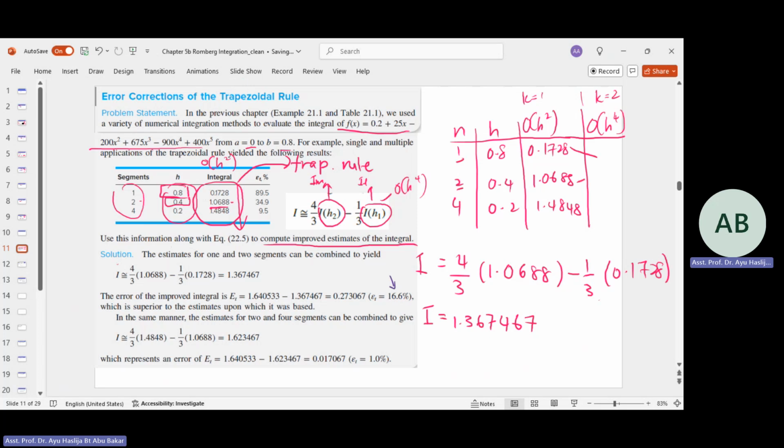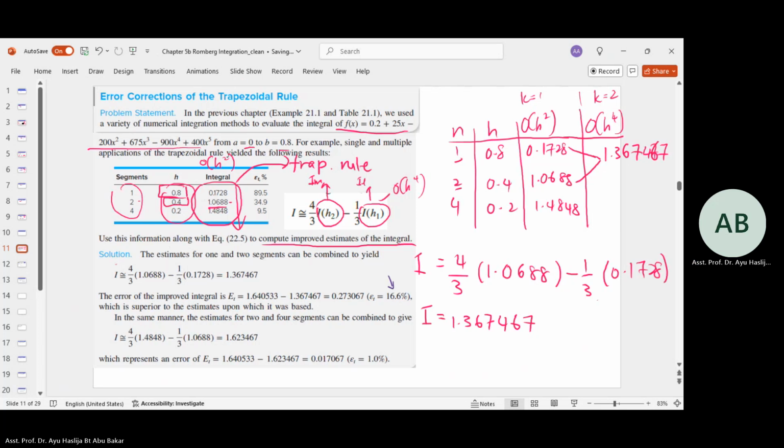So these two will give this estimation. If you find another value within this and this, then you will get another value. Here, this part uses n equals 4 and n equals 2. So this one, that is the estimation.